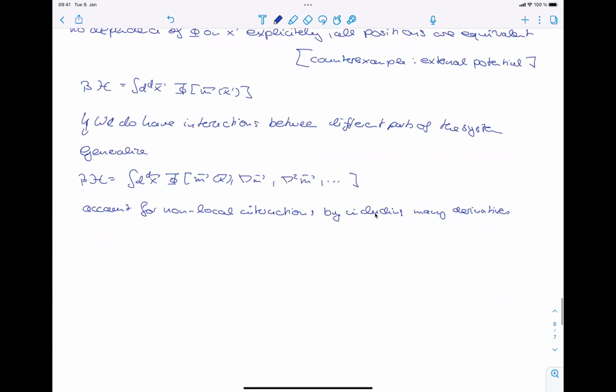The next principle to consider is analyticity and polynomial expansions.